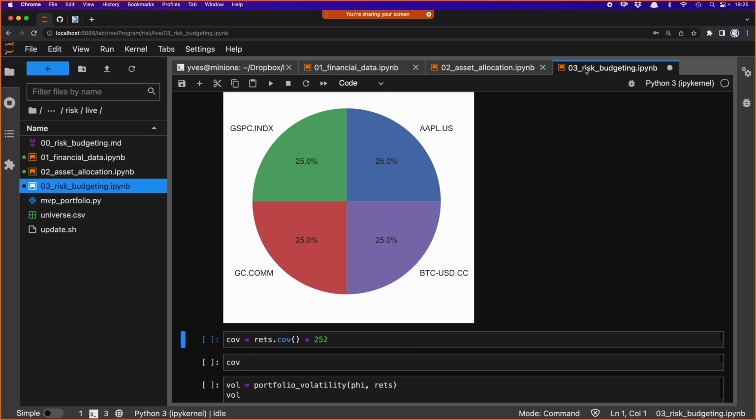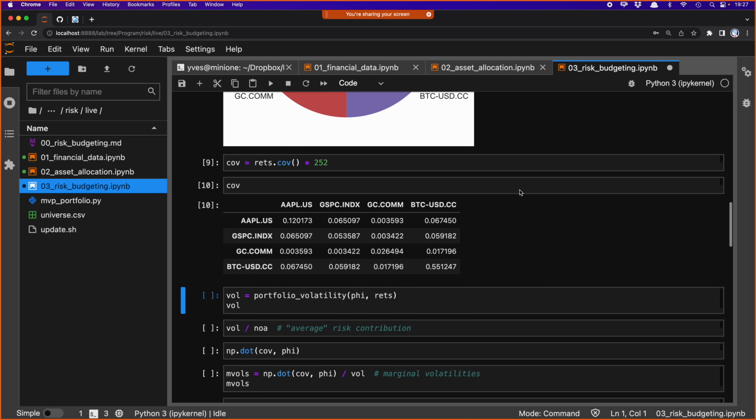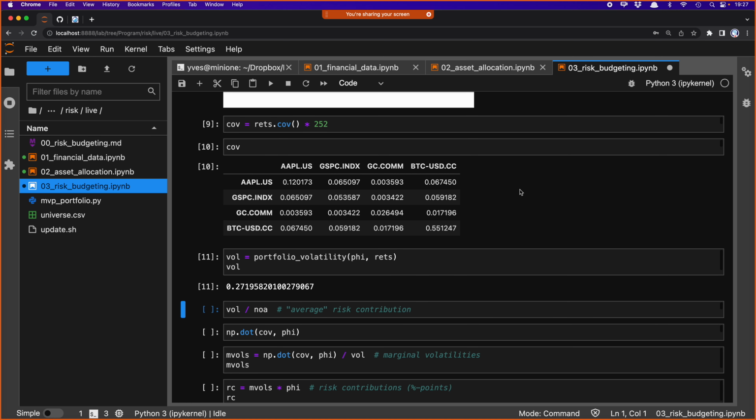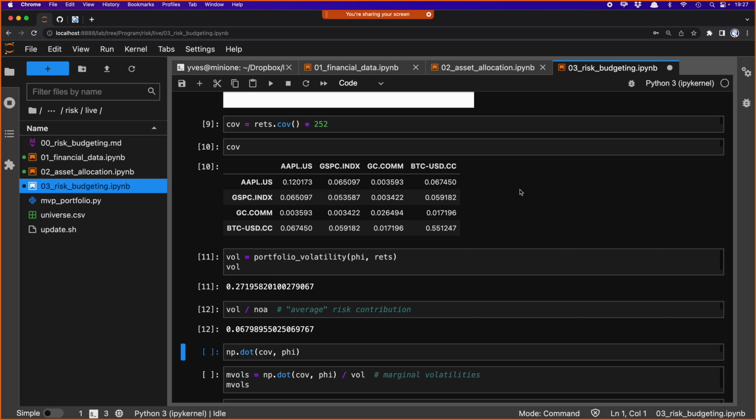So we have the covariance structure here, and the portfolio volatility is what I've just shown, calculated before. The calculation is simple. On average, the risk contribution is 6.8%. So that's the average risk contribution, but this for sure is not a marginal risk contribution.